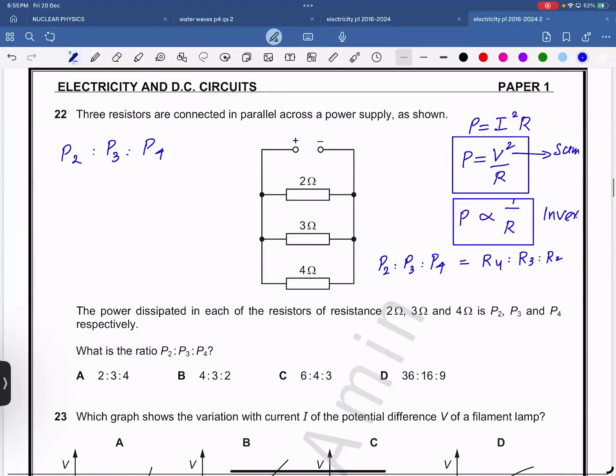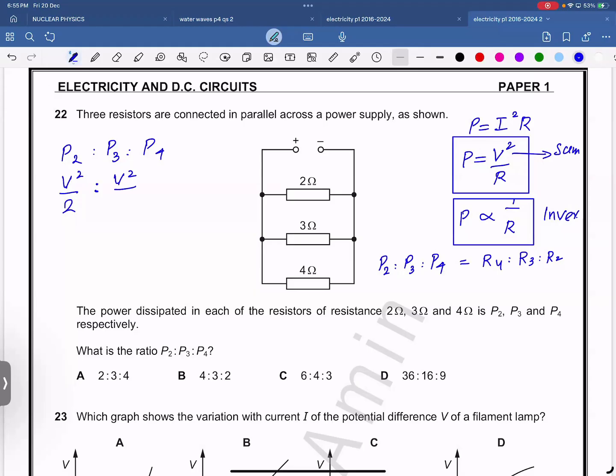So V squared over R. Actually, they are not 2, they are 3 ratios. V squared over 2, V squared over 3, V squared over 4. So V squared simplified: 1 over 2, 1 over 3, 1 over 4.